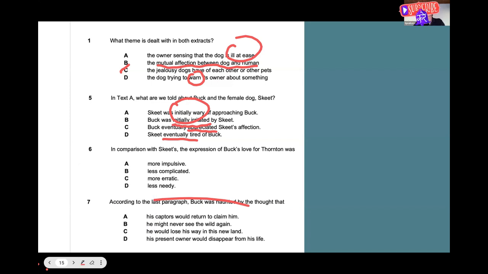Skeet was initially wary of approaching Bok, so we can cross that out because they made early friends. Bok was initially irritated by Skeet. Again, we can cross this out because he was unable to resent. So we've narrowed our answers between C and D. Bok eventually appreciated Skeet's affection, or Skeet eventually tired of Bok.